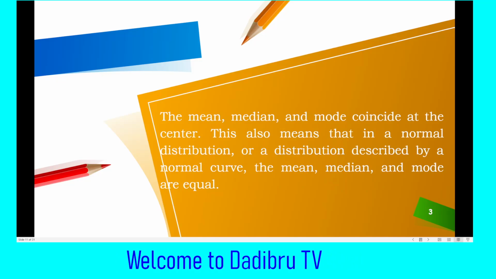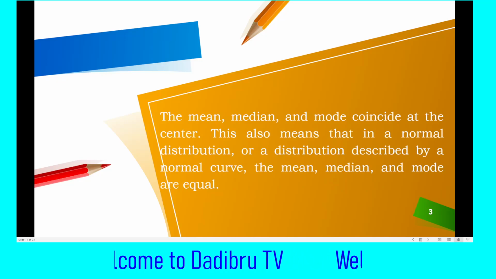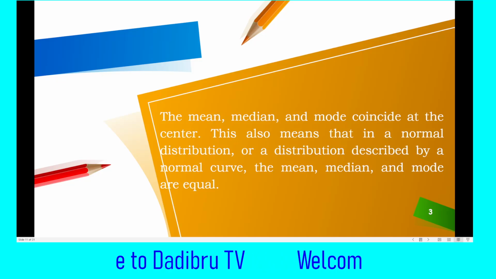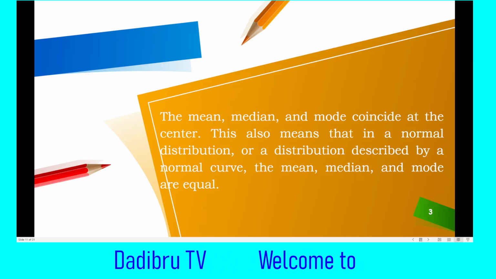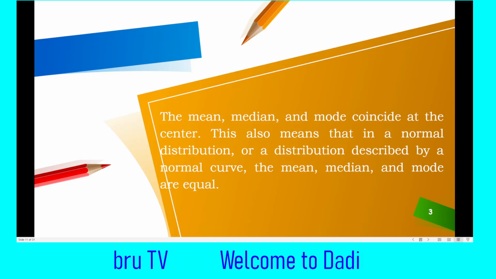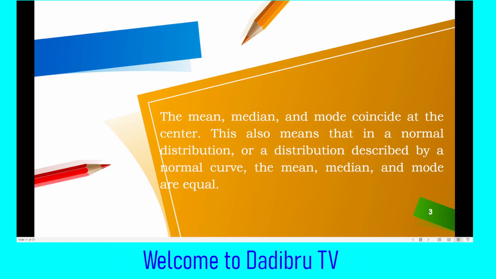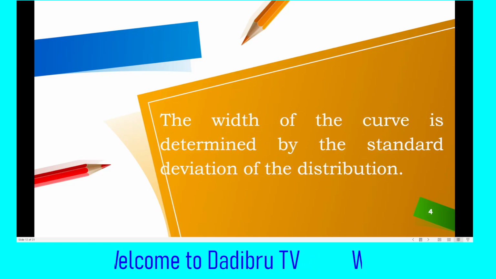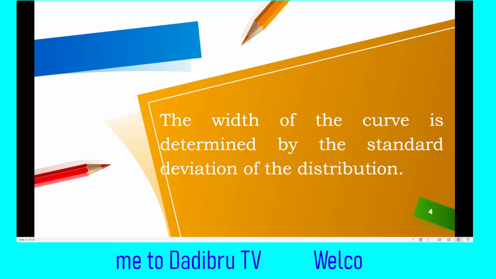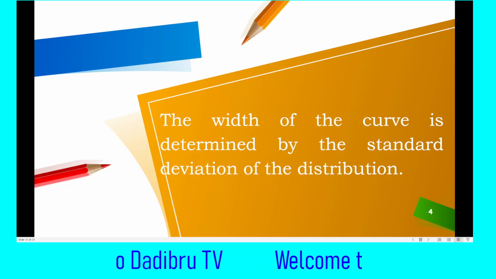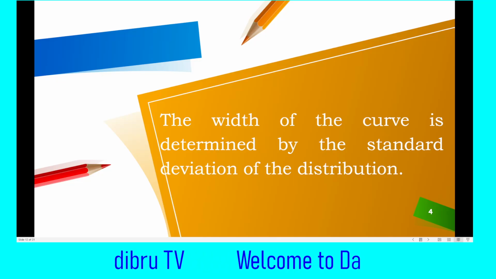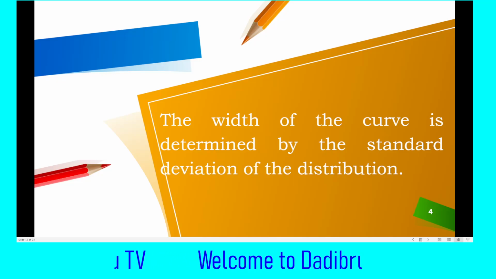The mean, median, and mode coincide at the center. It means that in a normal distribution, or a distribution described by a normal curve, the mean, median, and mode are equal. 4. The width of the curve is determined by the standard deviation of the distribution.